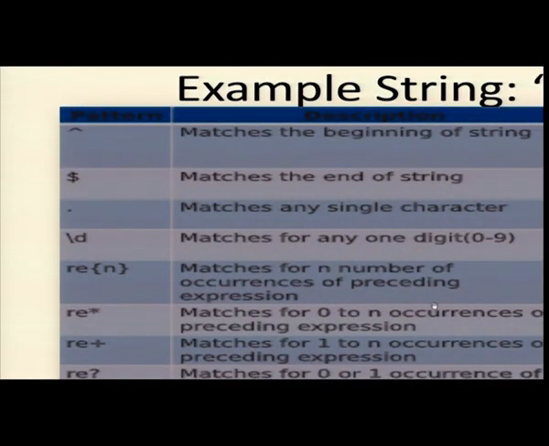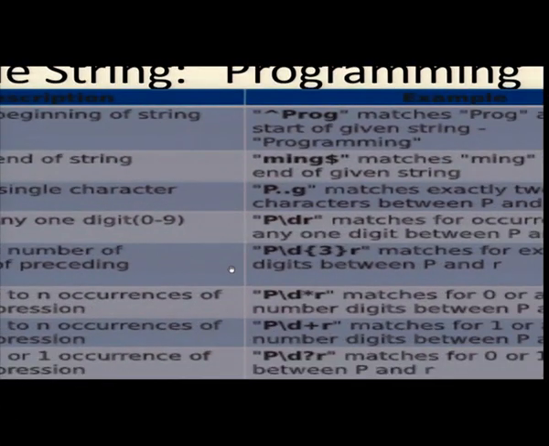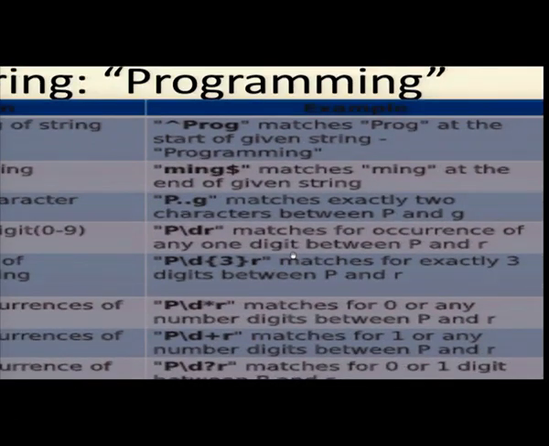And if I give it as a dot, the dot matches only a single character, which means if I give it as P..G, it matches exactly 2 characters between P and G, because of the double dot, between the word P and G, for example PROG, in that case it will be matching only R and O. Between P and G only 2 characters will get matched.